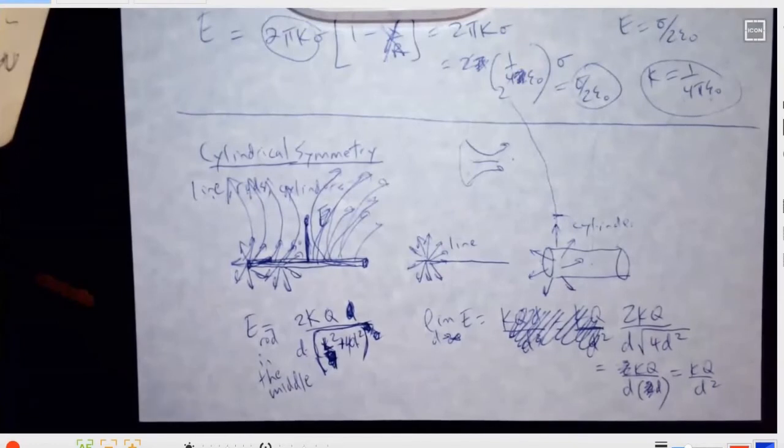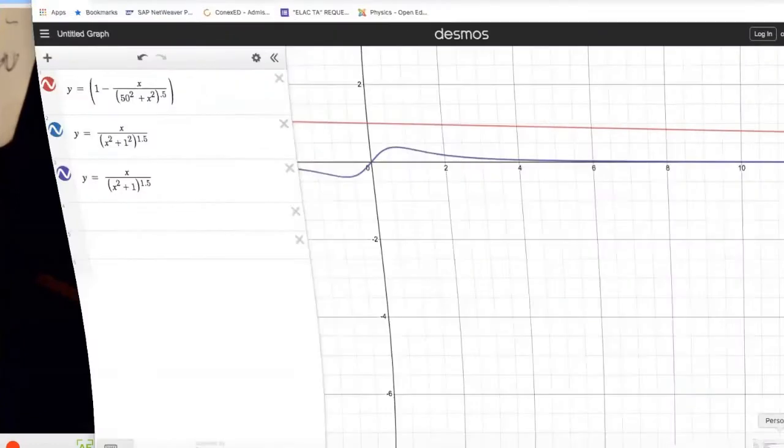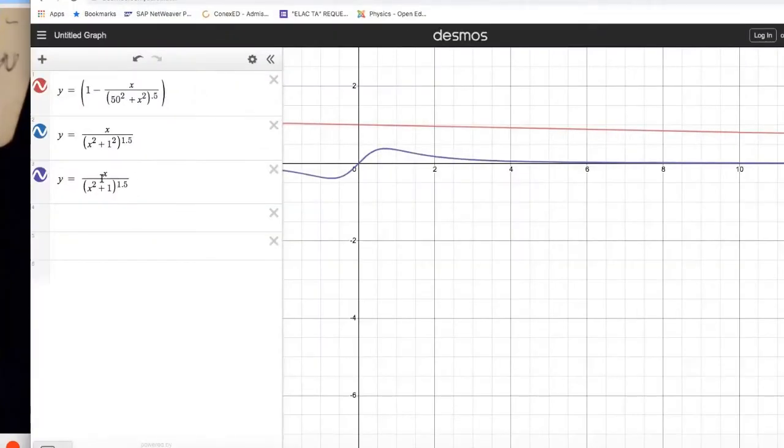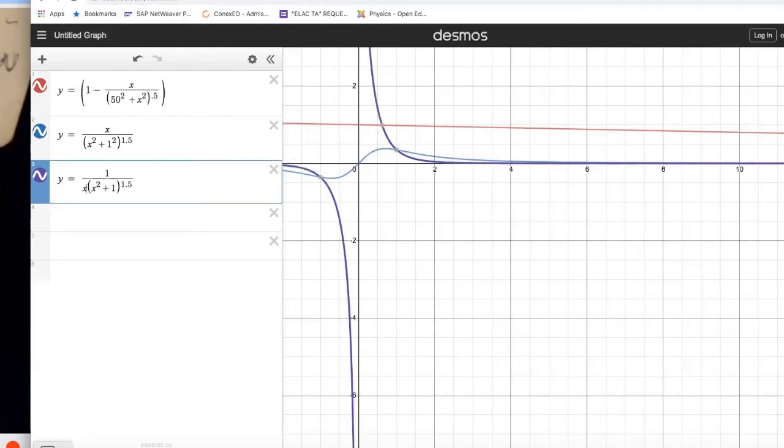So now if we graph that, let's see, I'm curious to see if the electrical field of a rod will look kind of like the plate. It seems like it kind of looks like the plate more, but not quite. So it goes 1 over the, oh, this is 1 over, and then the x is on the bottom, right?